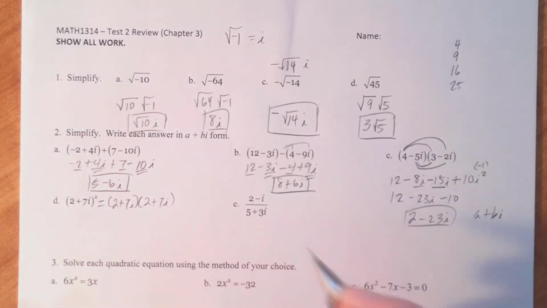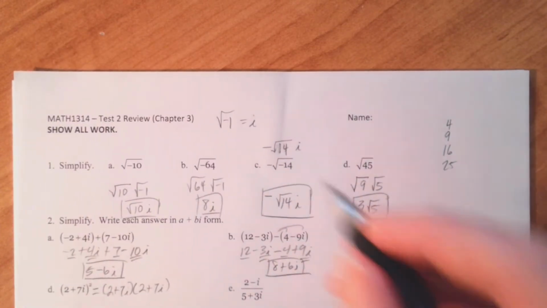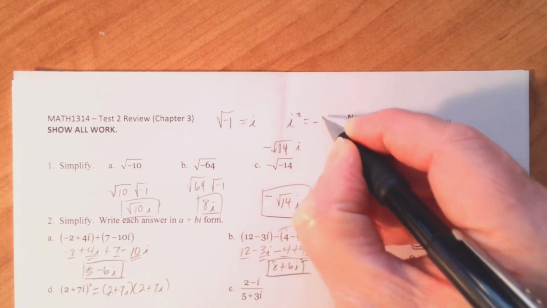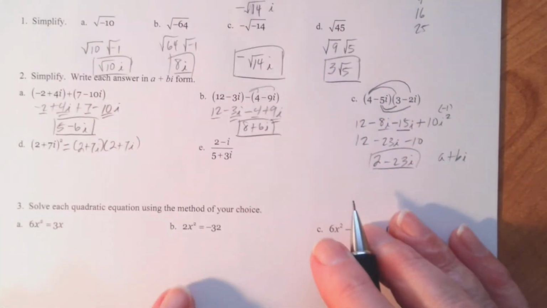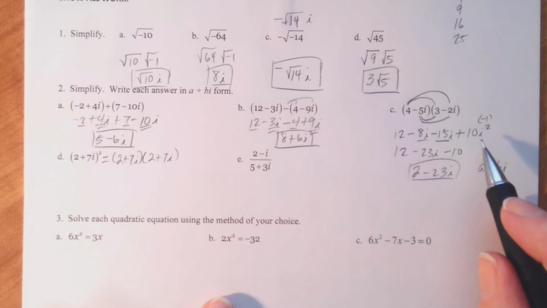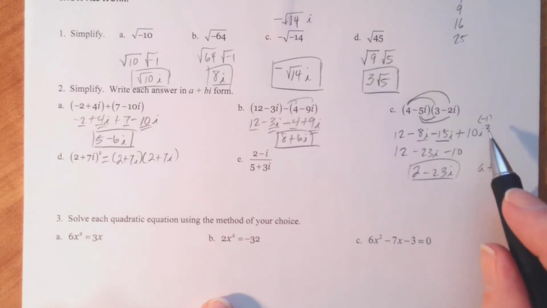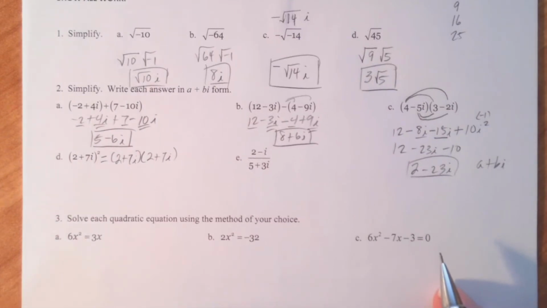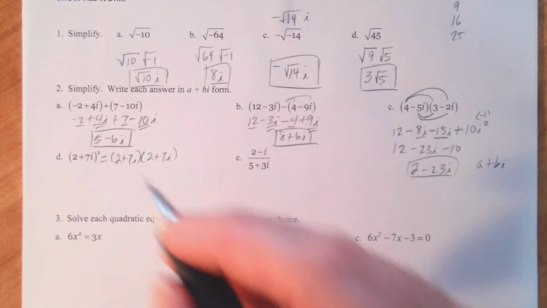So as we do these problems down below, just remember we have two things we need to remember: that the square root of negative 1 is i, and i squared is equal to negative 1. And so when we have the i squared here, we're not simplified. We have to multiply 10 by negative 1.